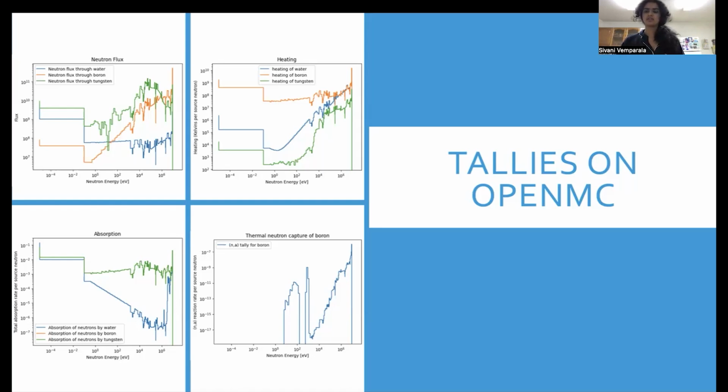One possible explanation is that the neutrons are completely being absorbed by water and converted into new thermal neutrons so that boron can efficiently utilize them and capture them for the reaction that it will be proceeding with. So that's a good sign. And the thermal neutron capture of boron is happening at an extremely high reaction rate, which again is a good sign for my model.